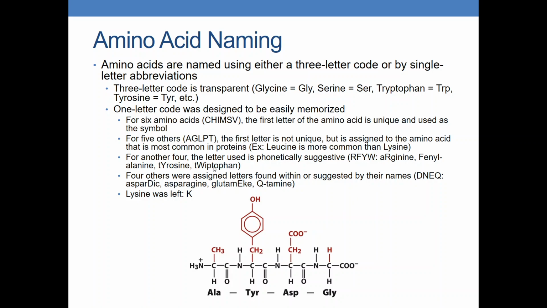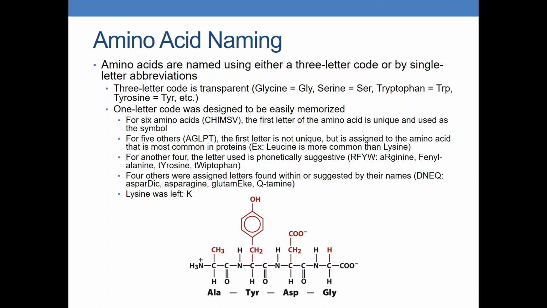And the last one in this grouping, tryptophan, I'm only going to say this once, but basically if you have a lisp, you might say tryptophan. And so tryptophan is written as W. So sometimes we have to get a little bit more creative in how we go about assigning these one-letter codes. Tryptophan is an obvious example of that.